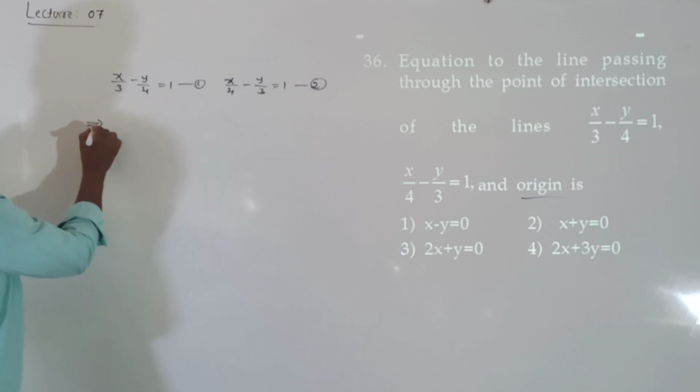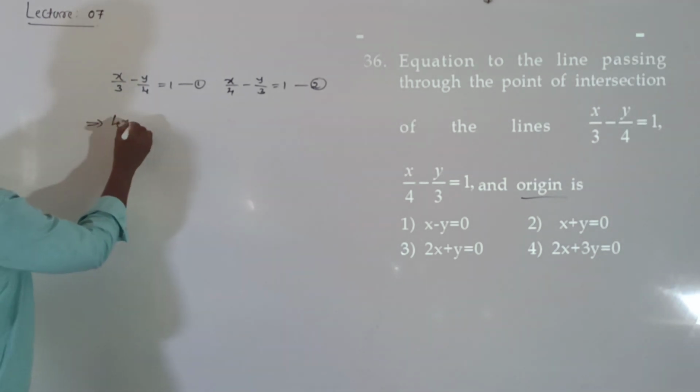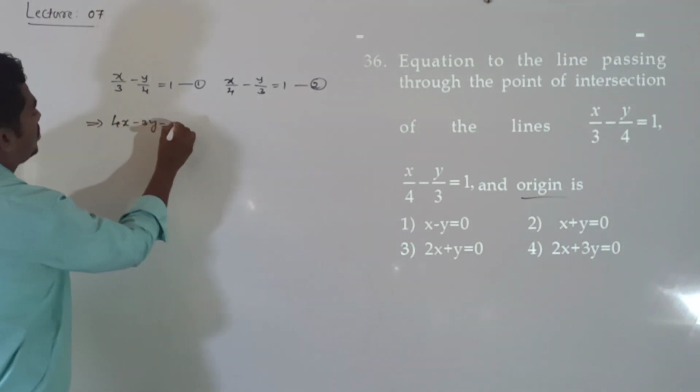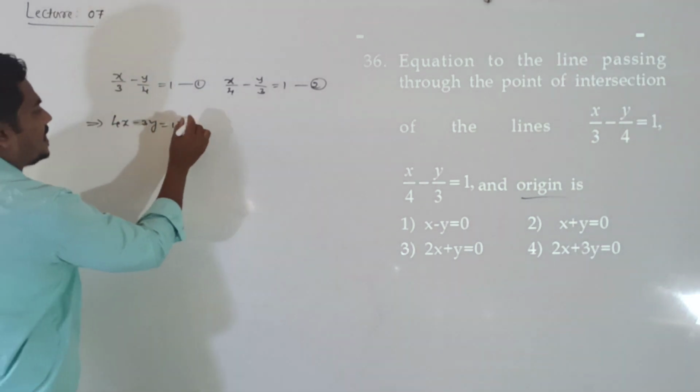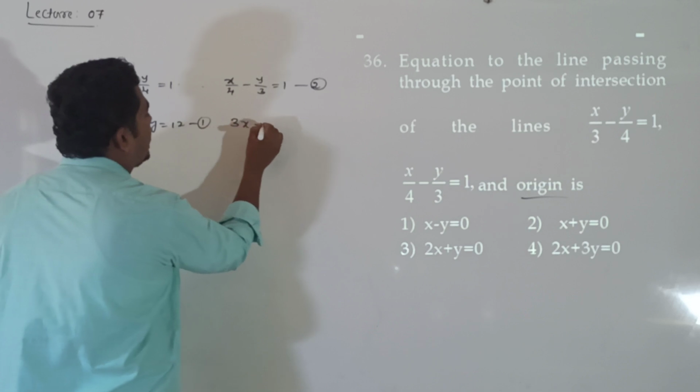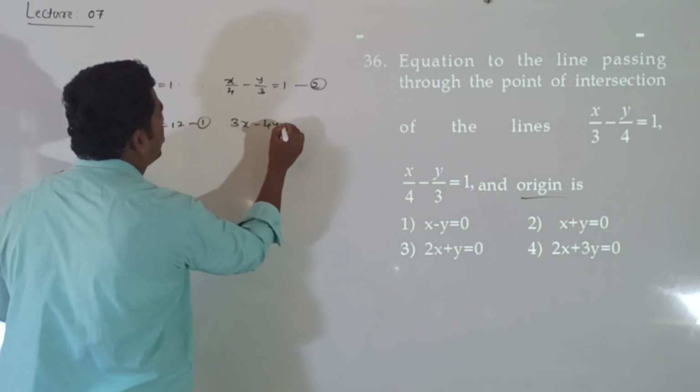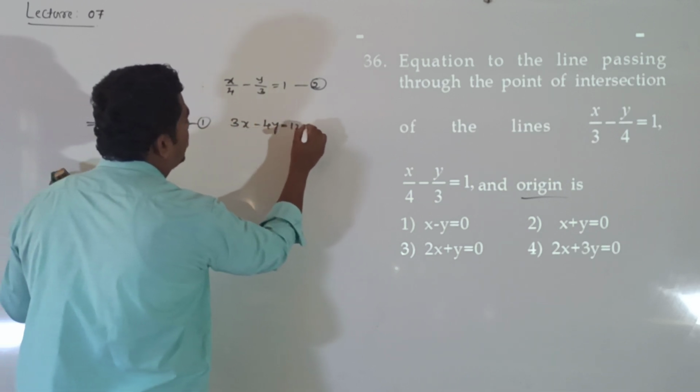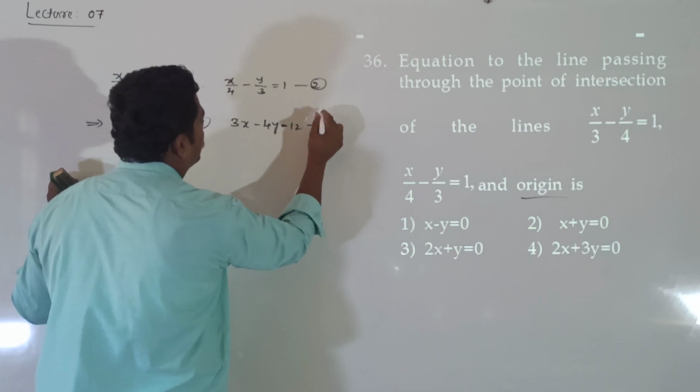or just rewrite it. 4x minus 3y is equal to 12. After simplification, take this as equation number 1. And 3x minus 4y is equal to 12. Take this as equation number 2.